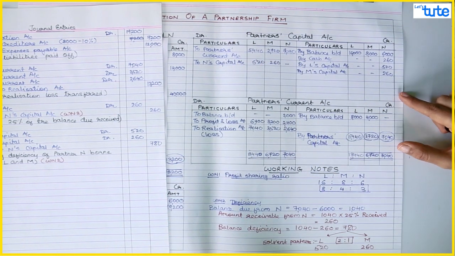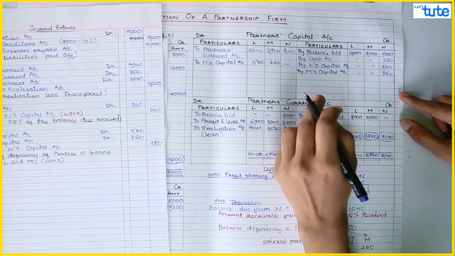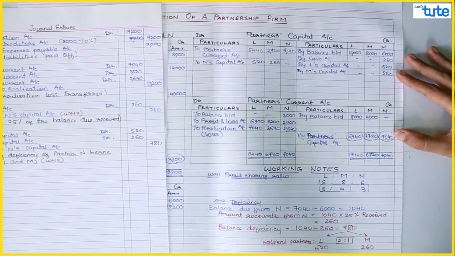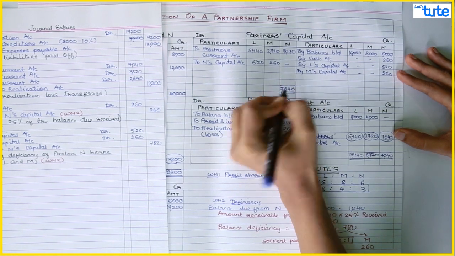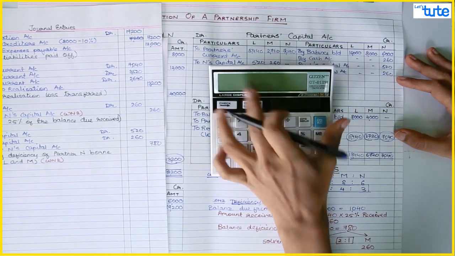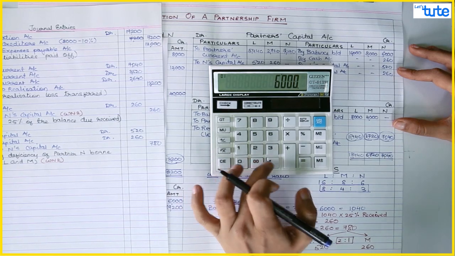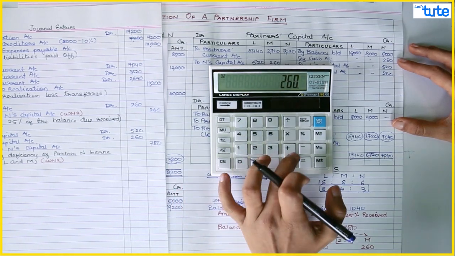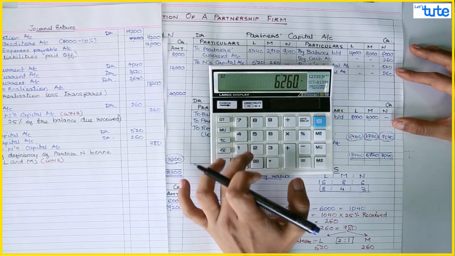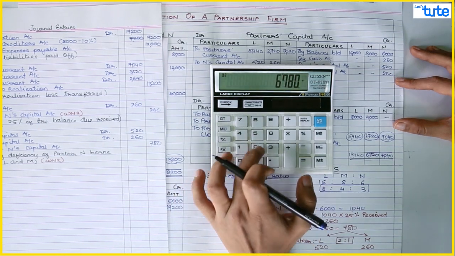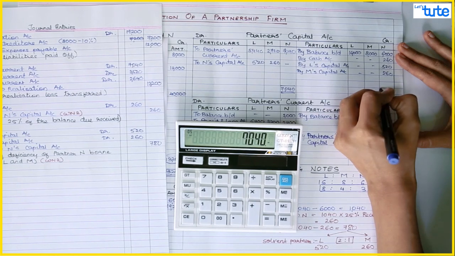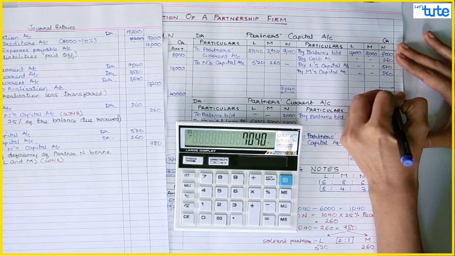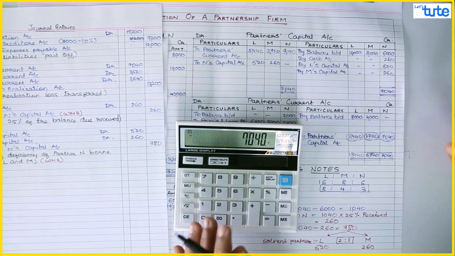So with this N's capital account should have been closed. We'll just check this. This is 7040, and on your credit side 6000 plus 260, which is your cash brought, plus 520 plus 260. So that also comes to 7040. So the capital account of partner N who is declared insolvent is closed.